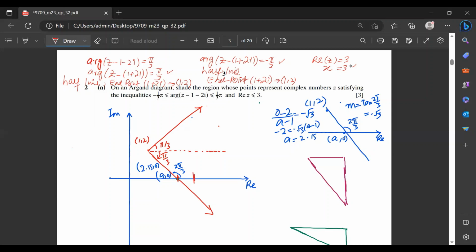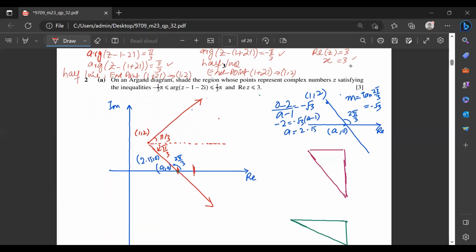So draw the vertical line passing through x equals 3, and this vertical line is now here. This is the third locus.